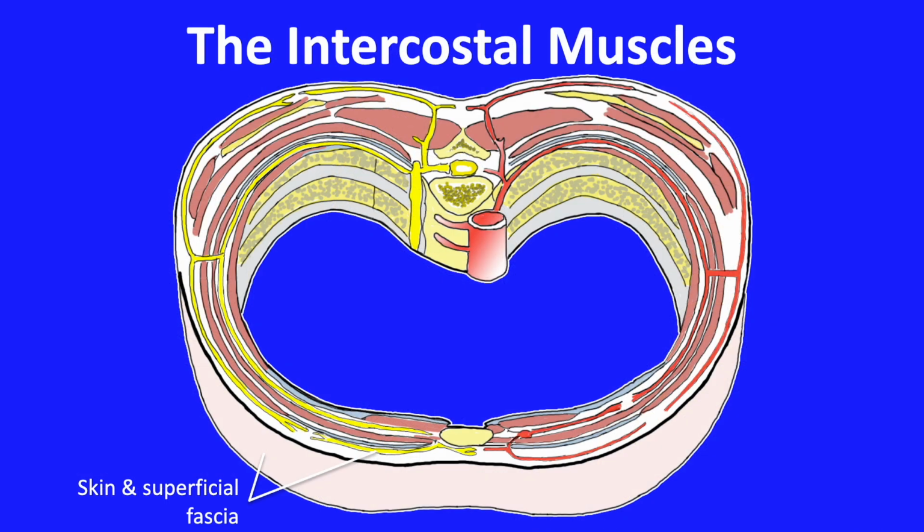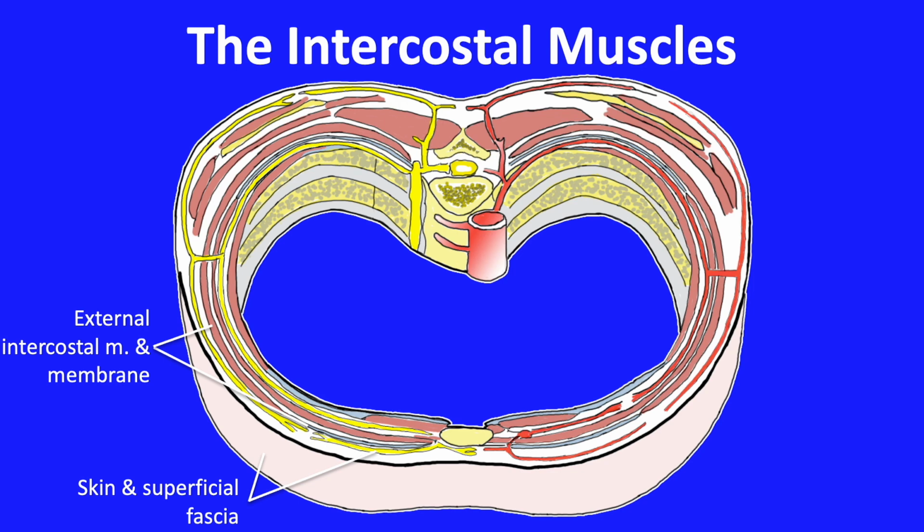That the muscles truly form a circular band of layers can be best appreciated in a horizontal slice through the thorax, now shown in the drawing. The extent to which the external intercostal muscle reaches from the sternum to the vertebrae can also be discerned.